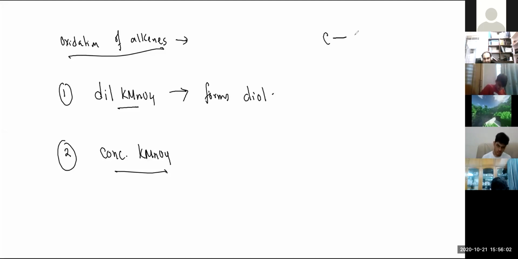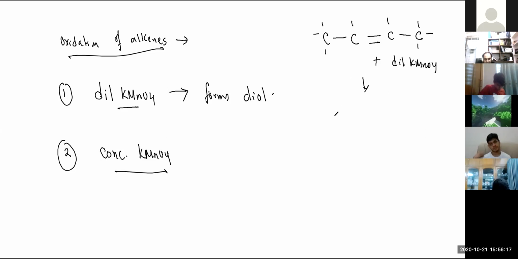So here you have a butene molecule. When you add dilute KMnO4, what will happen? It will become CH, CH, CH, CH3, OH, OH.